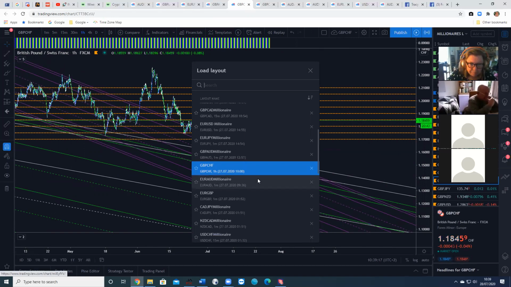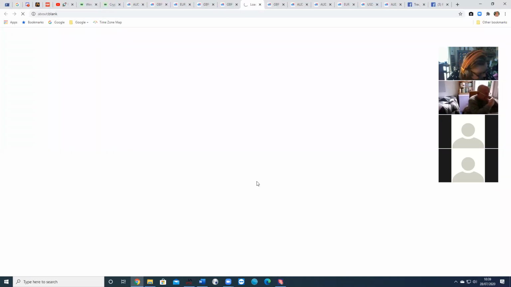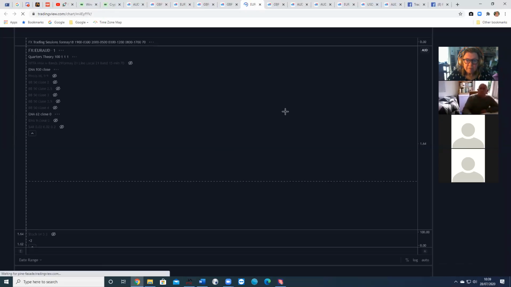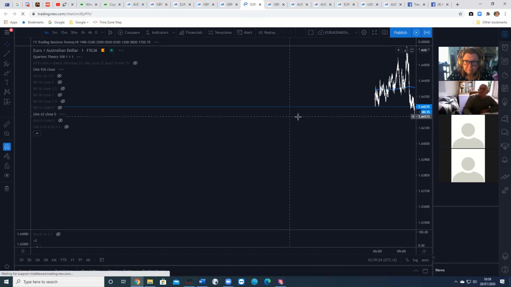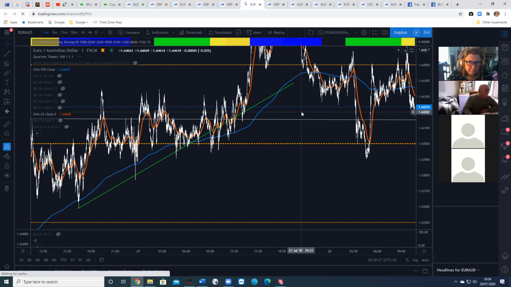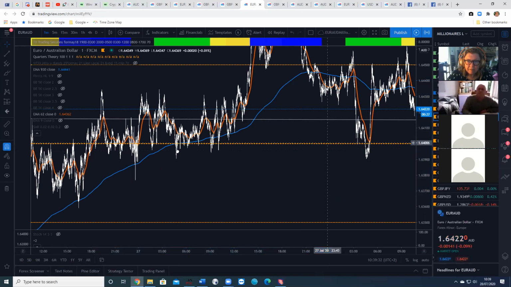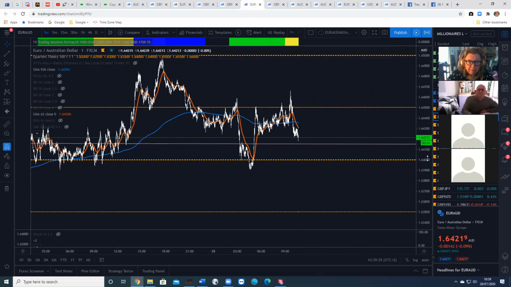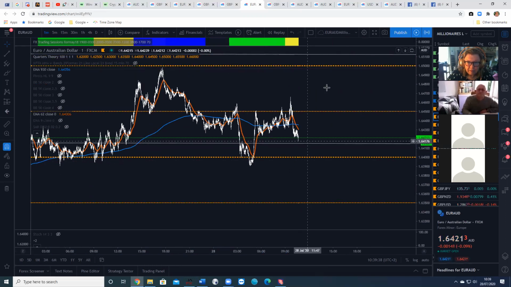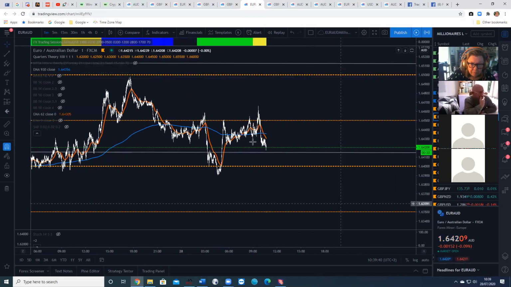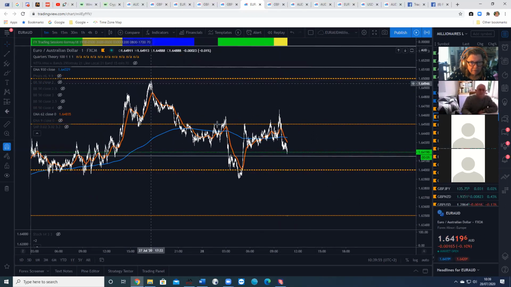I think this is the one where I haven't got any scans on this. Euro ord. So we've got price below the orange line, which has crossed the blue, so that's a sell. We've got a pitchfork here and quarter theory there.